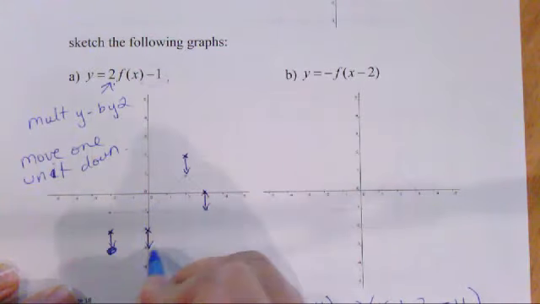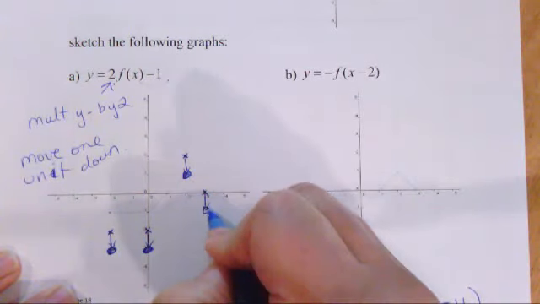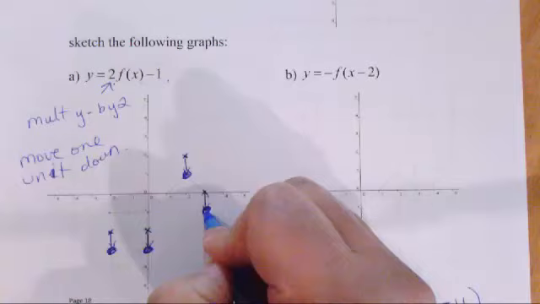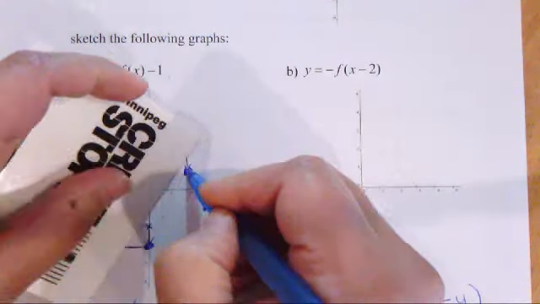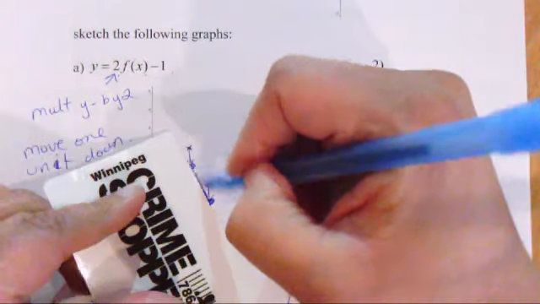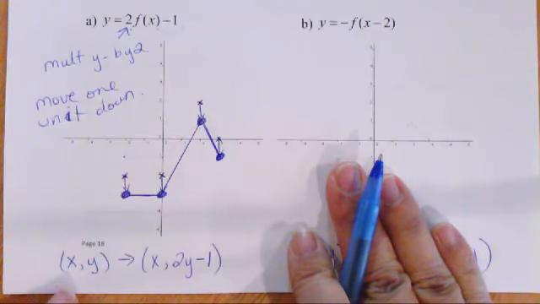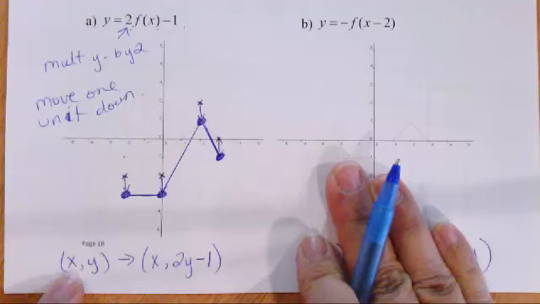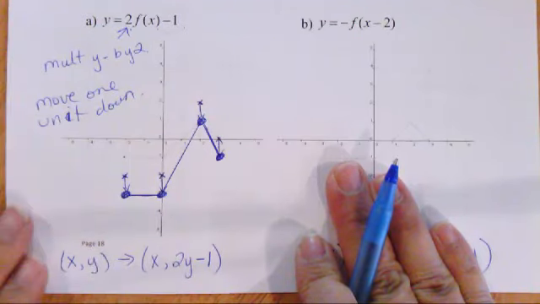Then I'm going to put a big dot where I have my final values, and that's what I want to draw in as my graph. That's what we end up looking like. Over here, you'll see I've got the mapping notation. My x and y go through a change. The x doesn't change, the y values get doubled and moved down 1.